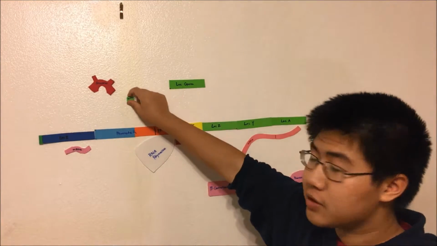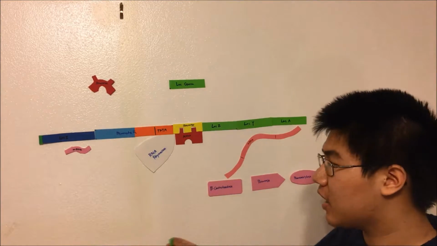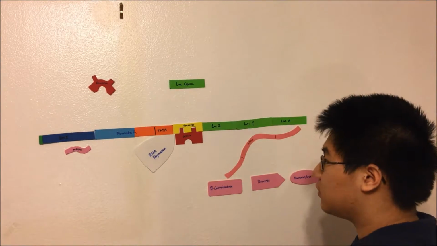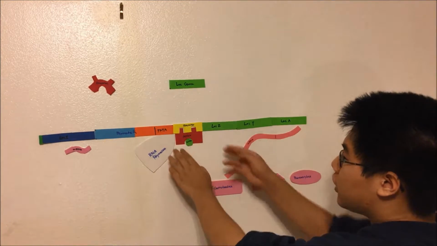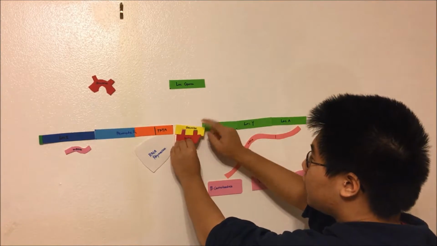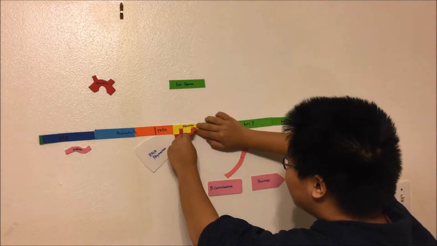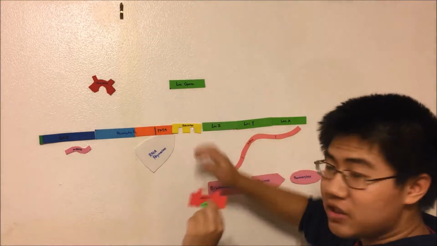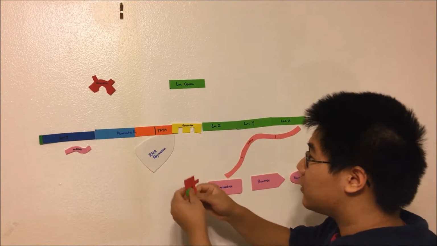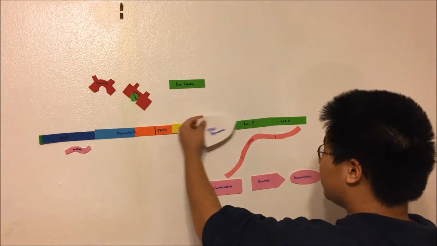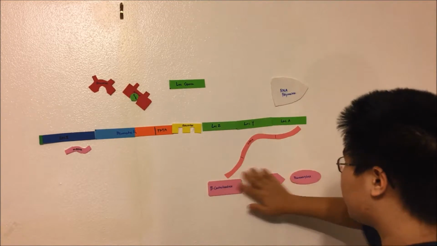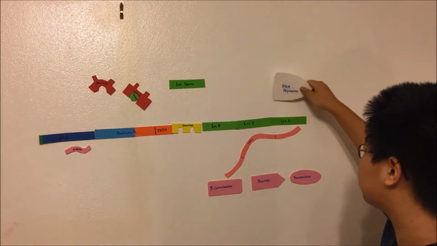However, when lactose is present in the cell in high concentrations, it will act as an inducer and attach to the active repressor. And then it will change the active repressor's shape into its inactive form, thereby allowing RNA polymerase to read and produce these 3 proteins.